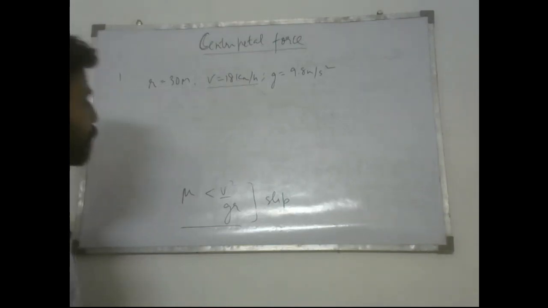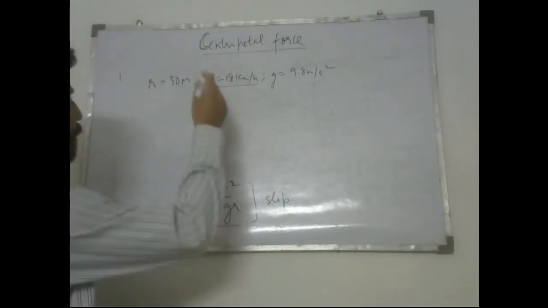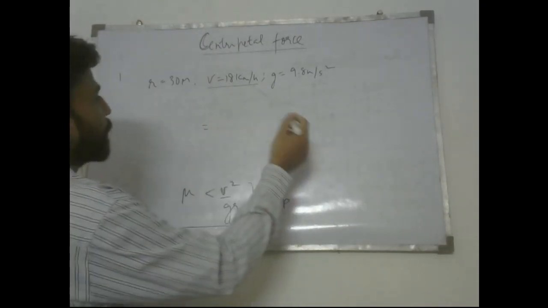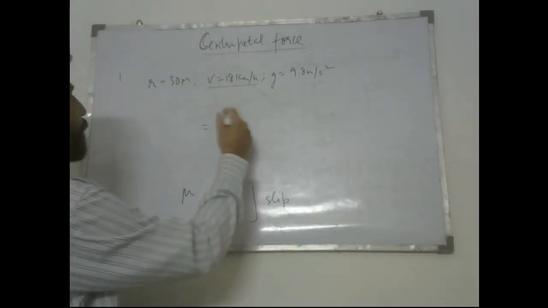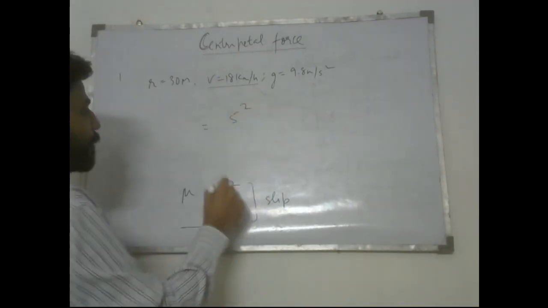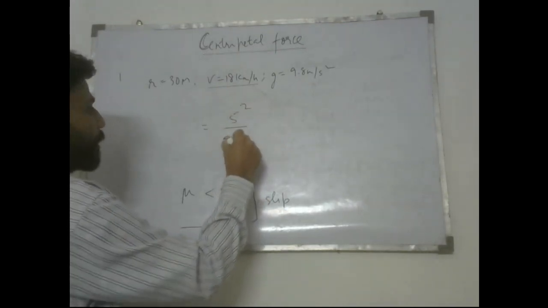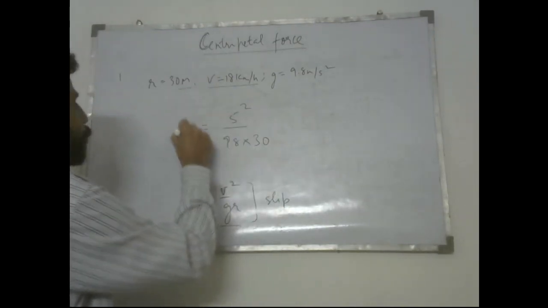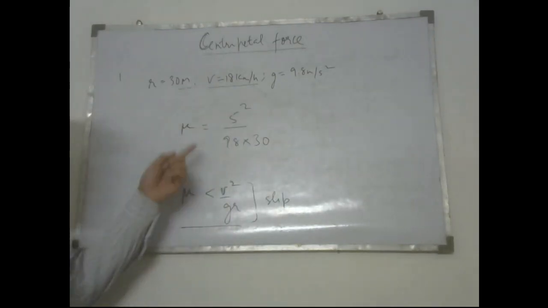So what is the velocity of the car? The velocity of the car is 18 kilometers per hour. So 18 kilometers per hour comes out to be 5 meters per second. So v square, 5 squared, divided by g, 9.8, times the radius of the circle, which is 30, should be mu.